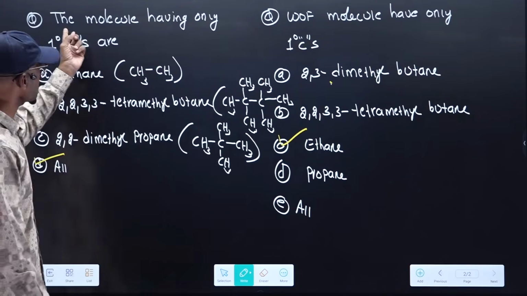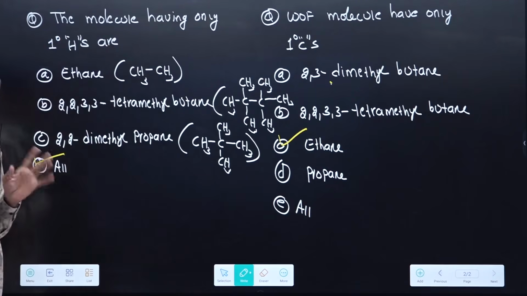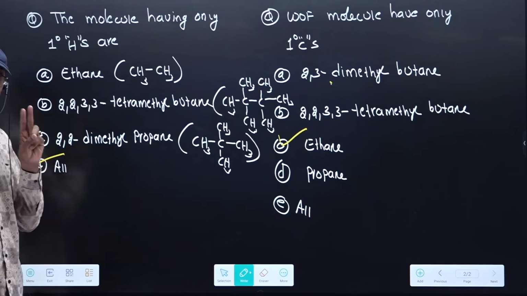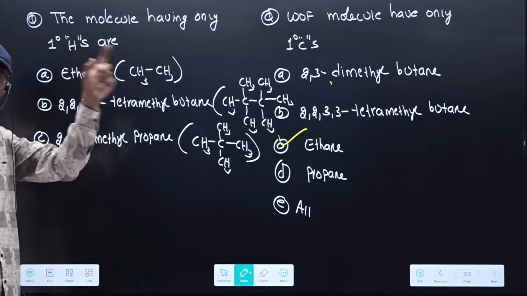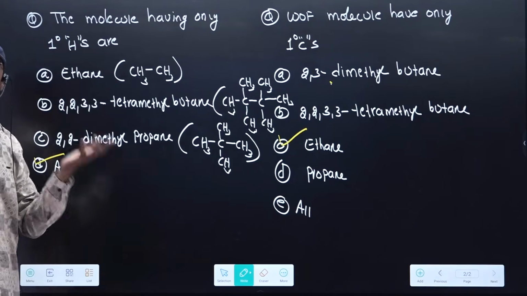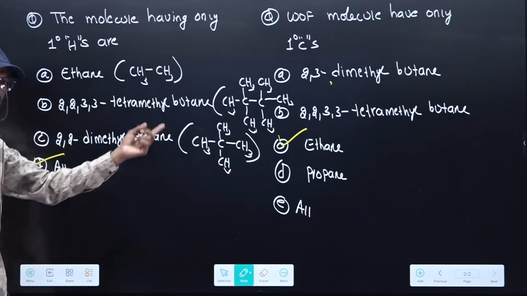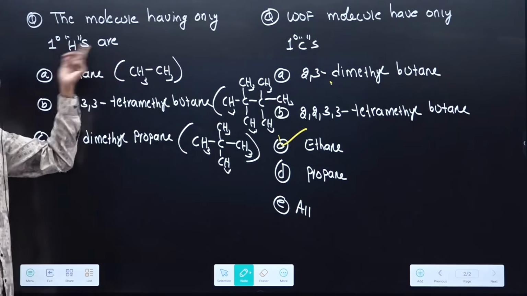Suppose I ask for the molecule having only primary carbon, which option is correct? There is a difference. If they carry only primary carbon, this is the correct option. If they carry primary hydrogen, all are correct, since we know quaternary carbon has no hydrogen. That's why these options are also included in this one. That's why you need to see the option clearly.